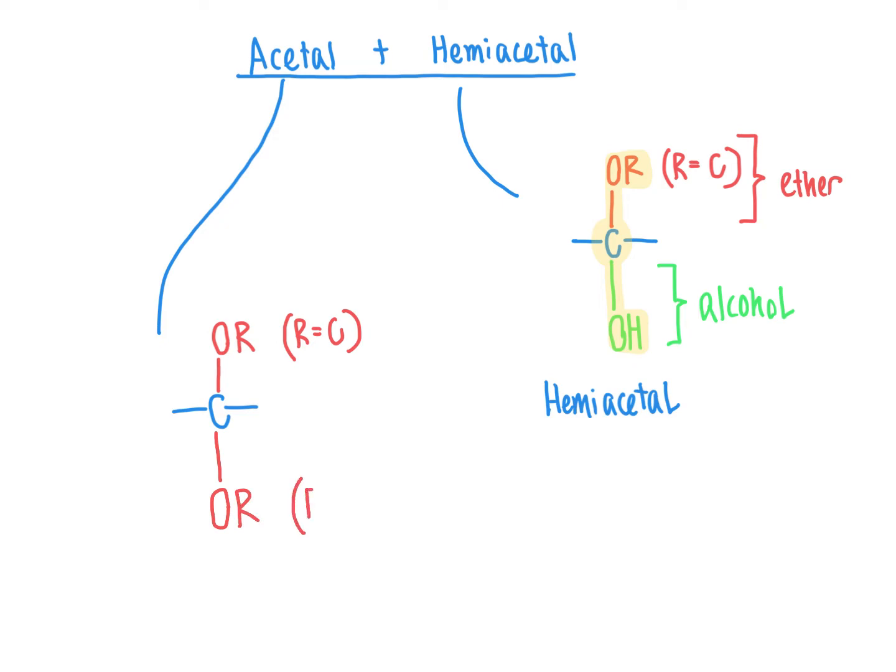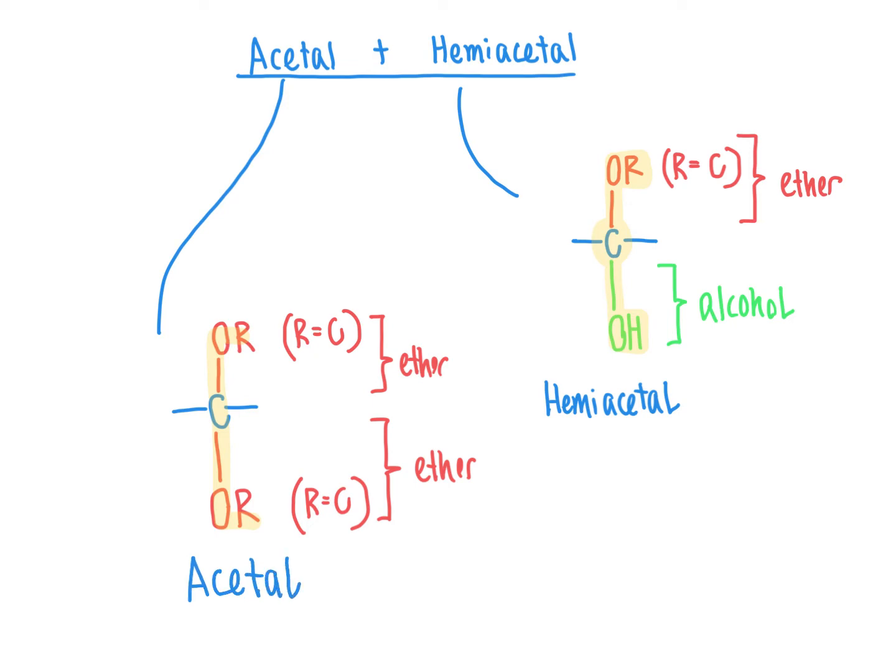So we would refer to this structure as being a diether because we have a carbon atom here that's part of an ether group, and that same carbon is part of this ether group as well. And so when we have this combination of ether and ether bonded to the same exact carbon atom, we refer to this functional group as a whole, everything that I am highlighting yellow here, ether, ether, as an acetal group.